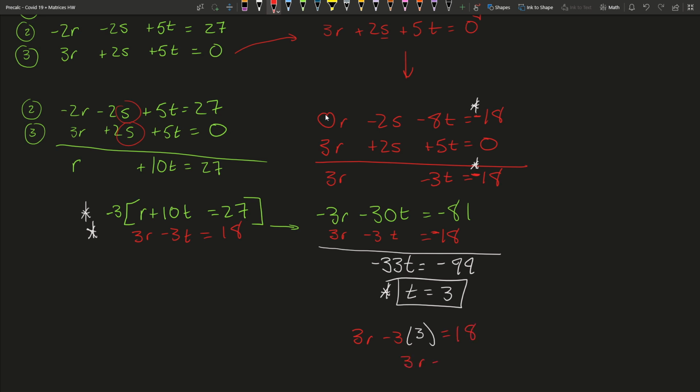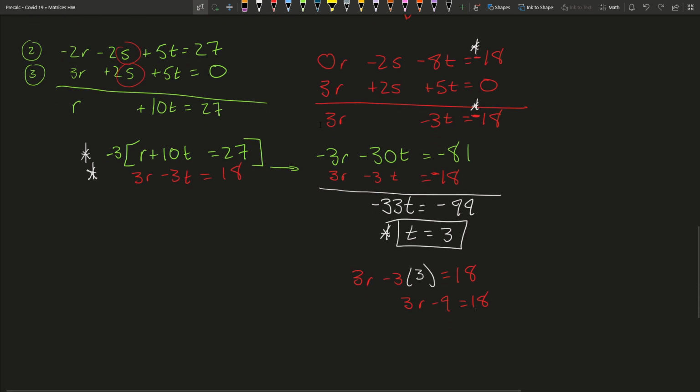So 3r minus 9, so r is equal to 9. Okay, any questions about what I have up on the screen so far?